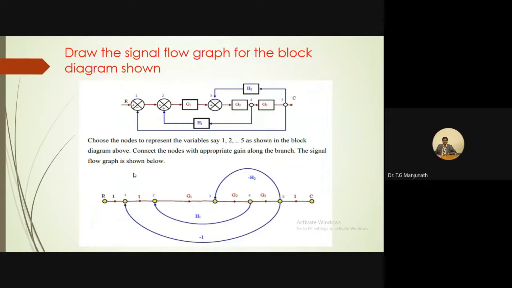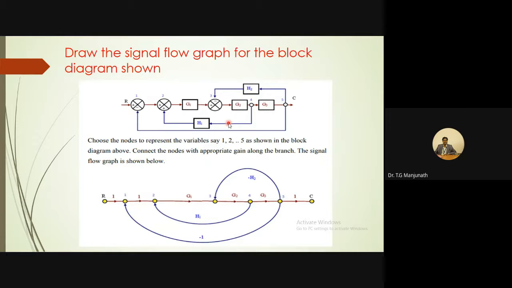In this session, let us understand how to draw the signal flow graph when the block diagram is given. In the earlier session, we understood how to find the transfer function when the block diagram is given. So we found the transfer function for the given block diagram by using the rules of block diagram reduction technique.